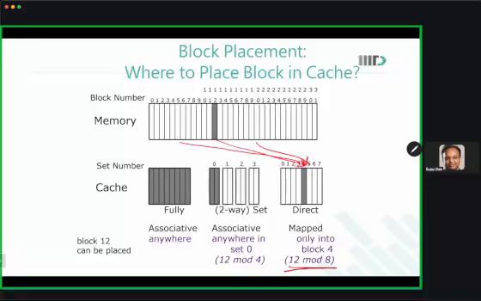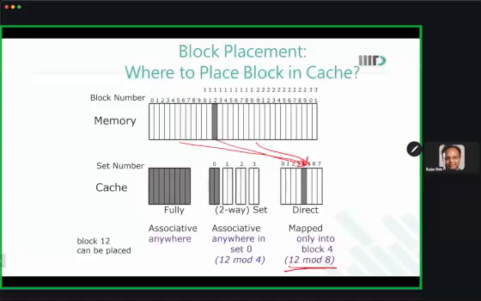You will have a cache miss, right? Because block number 12 is not there. In that slot, block number 4 is sitting now. So there will be a miss, and this miss is called a conflict miss. Why is it a conflict miss? Because I have only one slot and all the blocks which I need to bring in are mapped to the same slot. So I can't bring all of them at the same time.